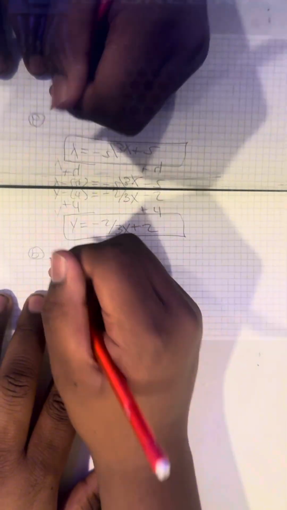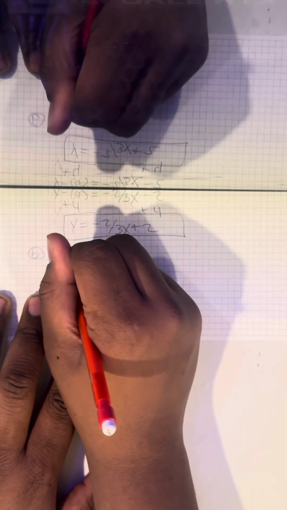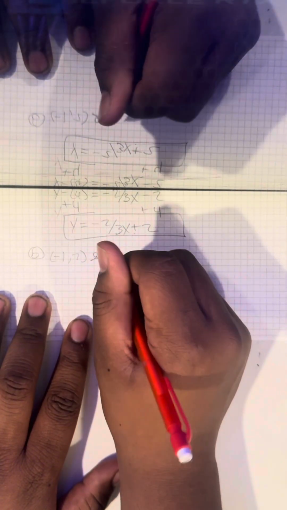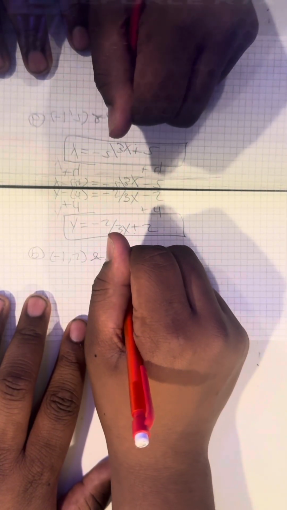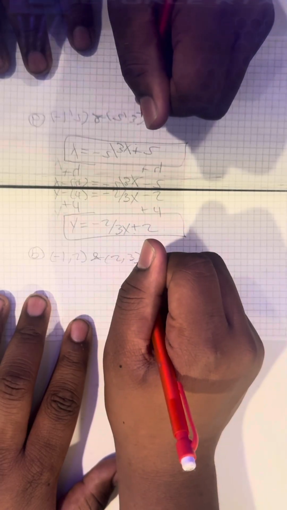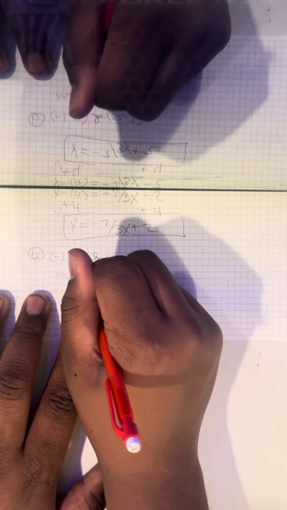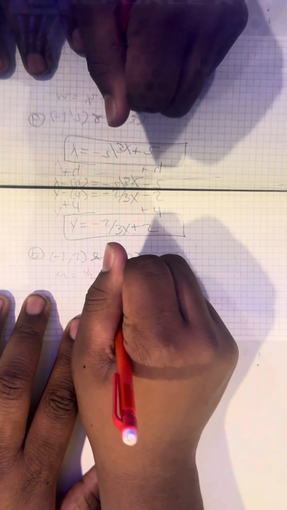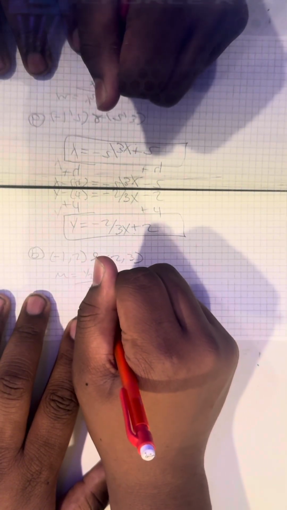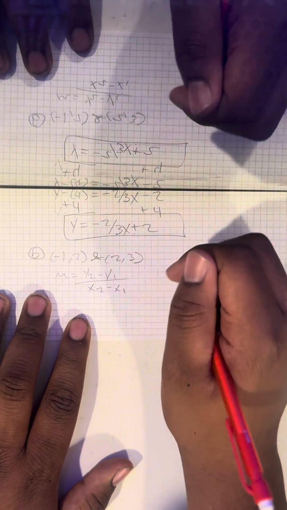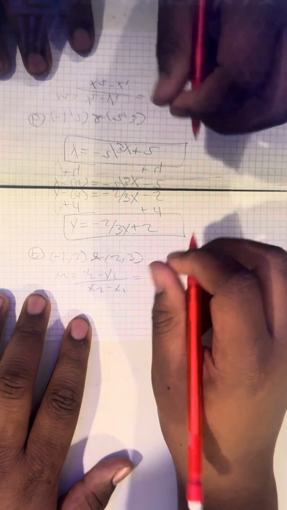All right. B says the line passes through the points negative 1 comma 2 and 2 comma 3. So for this we'll use the formula m equals y2 minus y1 over x2 minus x1. Let's plug in those numbers.